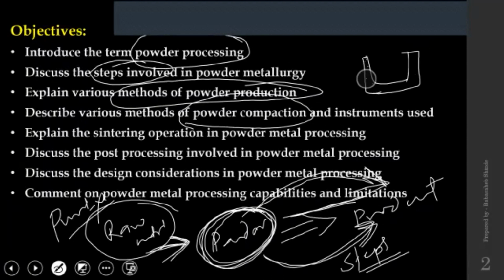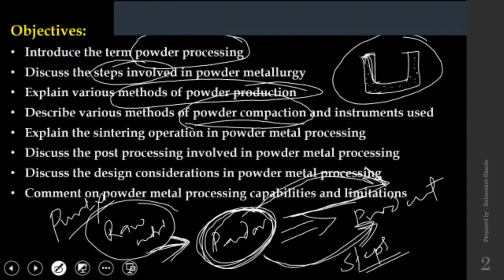This is going to be made from the powder and some binding materials. When you mix those together and provide its raw shape initially before heating it to its final temperature, that we usually call sintering. So before sintering, we need to get this raw shape, and getting that raw shape is nothing but powder compaction.